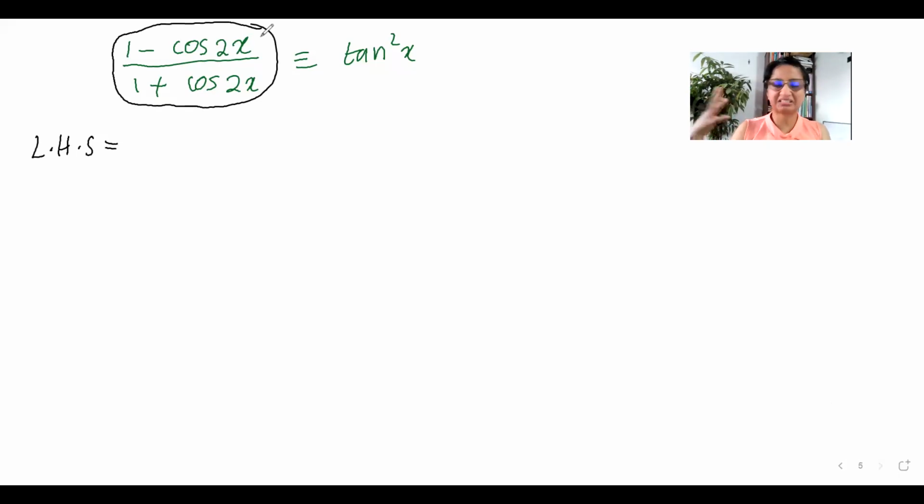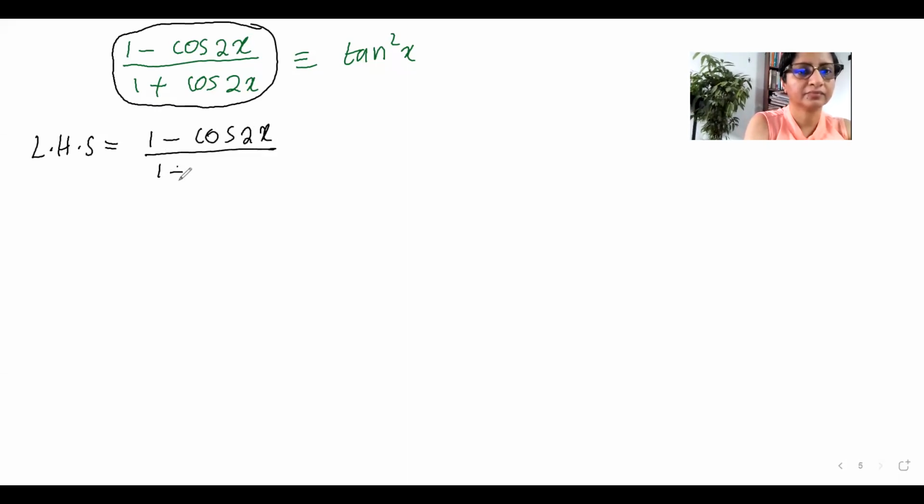Tan squared x is just too small. Right. So let's start with the left side. We have cos 2x here, so double angle formulas have to come to your mind. For cos 2x, we have 3 formulas. Which one would you think of doing?